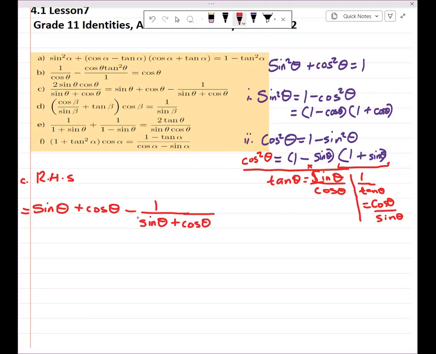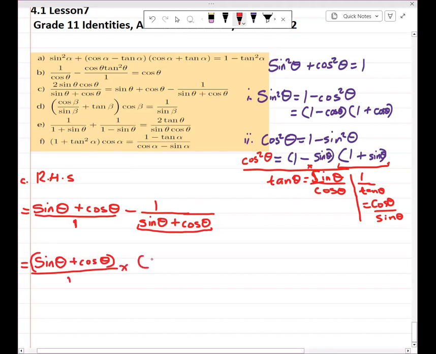So here I can see that I have a fraction and I'm subtracting. This one I can convert to one fraction, right? So I need to find the lowest common denominator, which is this one here. Which means this fraction, I need to multiply it by that part so that the denominator can be common. So I'm going to have sine theta plus cos theta in brackets over 1.